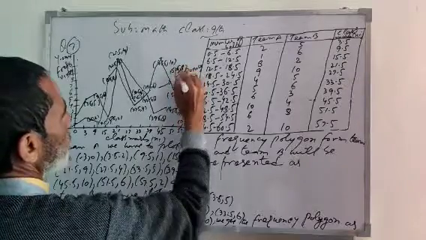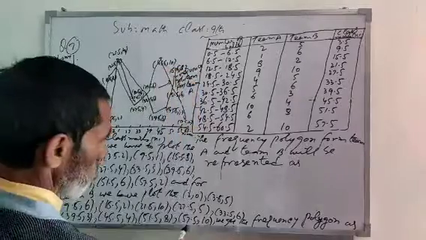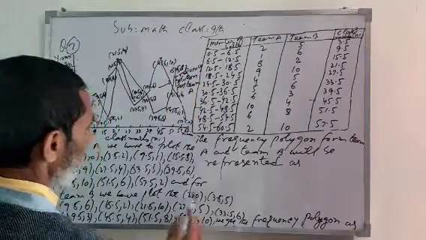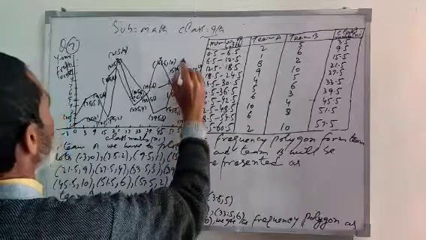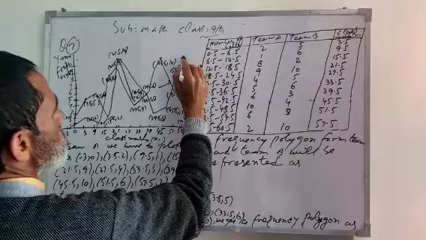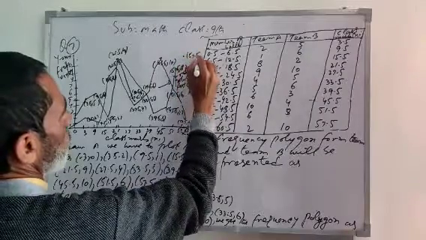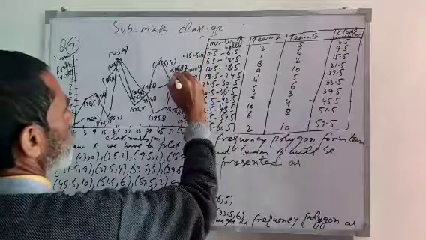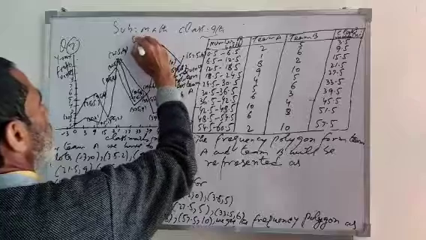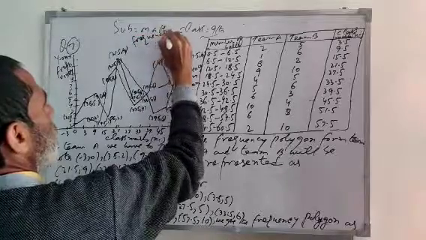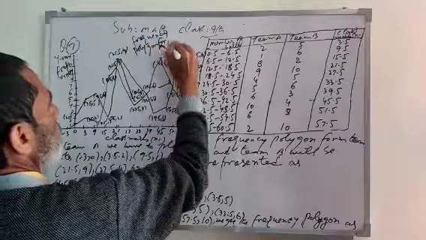This is joined. Last is 57.5 comma 10. 57.5 is here, 10 is here, and this is joined. This is the frequency polygon for team B.